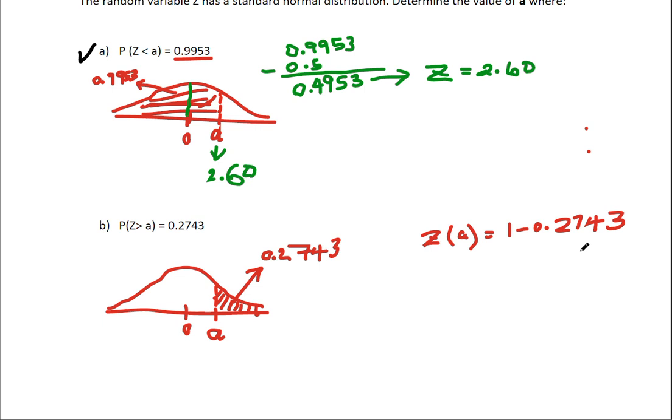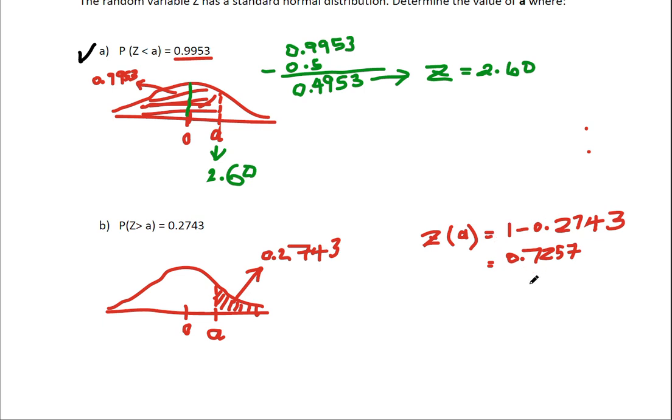And 1 minus 0.2743 is going to give us the probability to the left of A. Now remember that when you read from the standard normal table, it will always give you the area to the left of a value. So when I take 1 minus 0.2743, I get 0.7257.